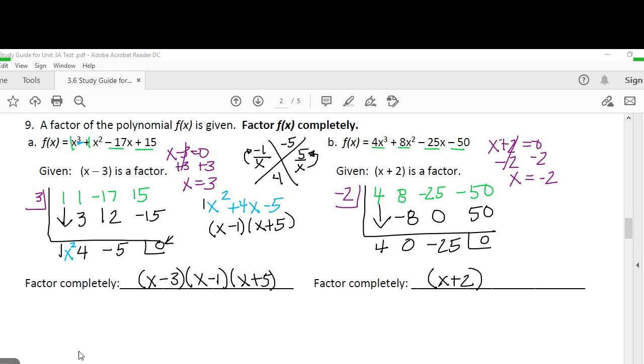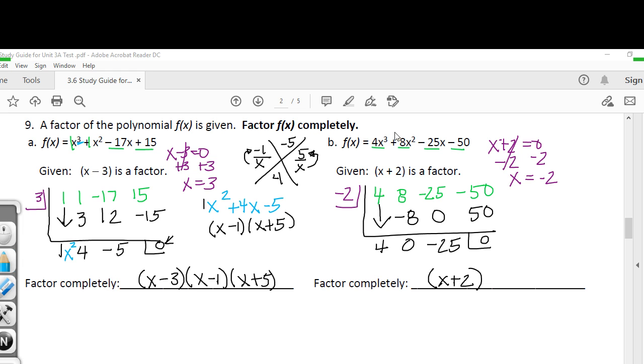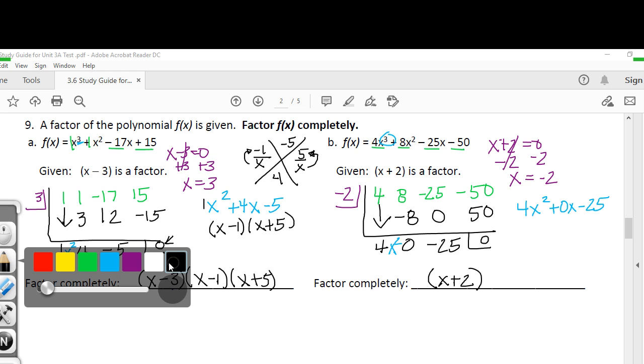So I'm going to come write out what I have left over. Remember, I have to go 1 degree lower. So if I start with a cube here, I'm going to start with a square down here. So 4x squared plus 0x minus 25. You can absolutely factor this with the x factor, okay?